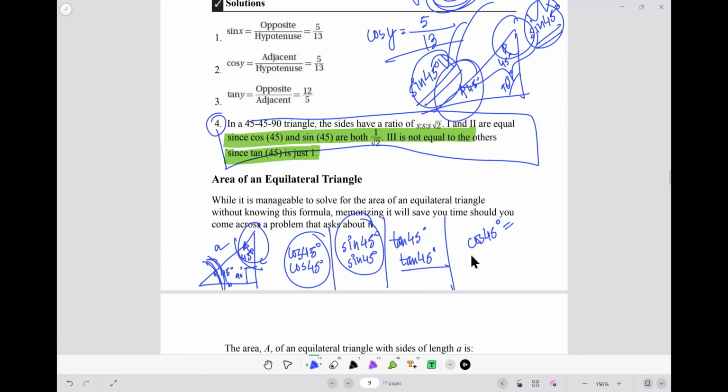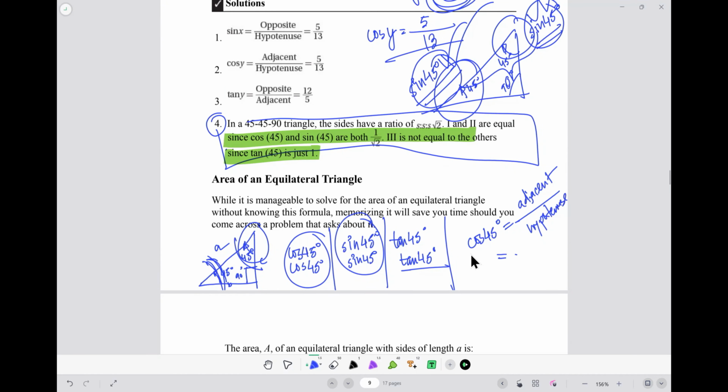Just consider this angle. The definition of the cosine function is adjacent side divided by hypotenuse.